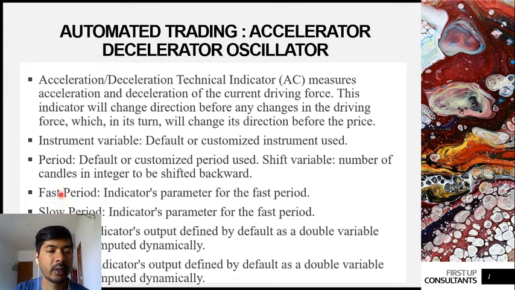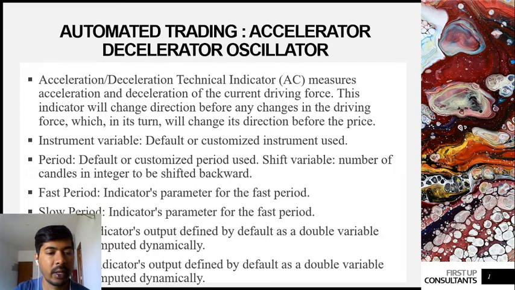This indicator is defined using these two threads, fast period and slow period. Here the fast period is defined at 5 and the slow period is at 34, and these are default setups. I have not made any changes to that.